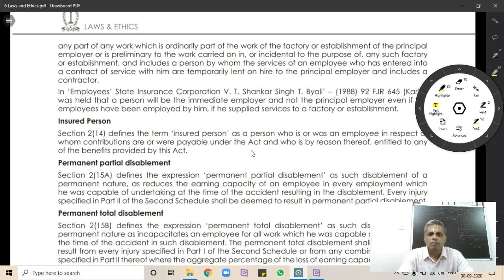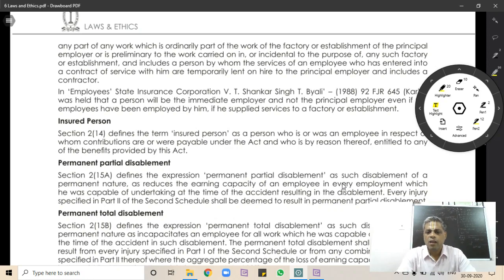So, section 2, subsection 15A defines the expression permanent partial disablement. Permanent partial disablement means a person has gotten partial disablement which is not temporary in nature but permanent.